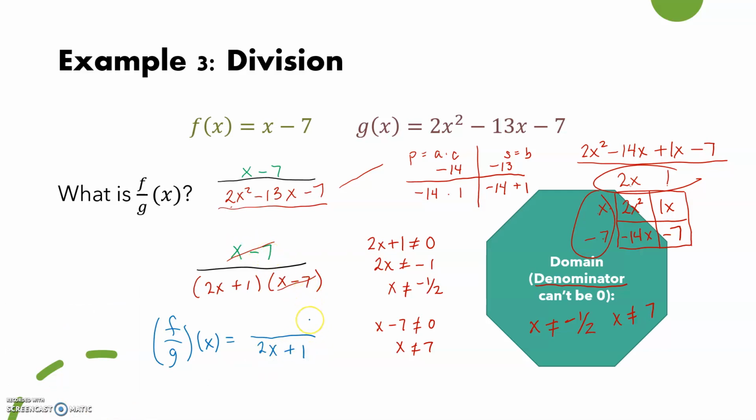Everything canceled out with what was on top, which means I have a 1 on the top, because x minus 7 divided by x minus 7 is 1. So this is my fraction, and then this is my domain restriction, which didn't get inherited from f or g, but it came about because I was dividing, and when you're dividing, you want to make sure your denominator is not 0.